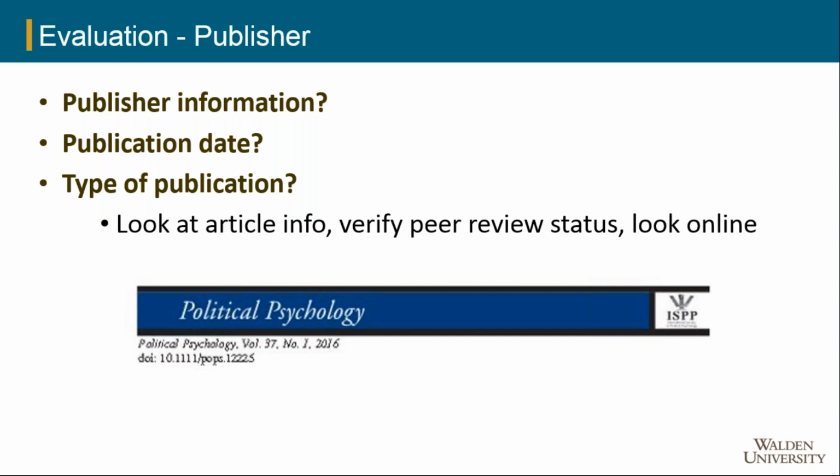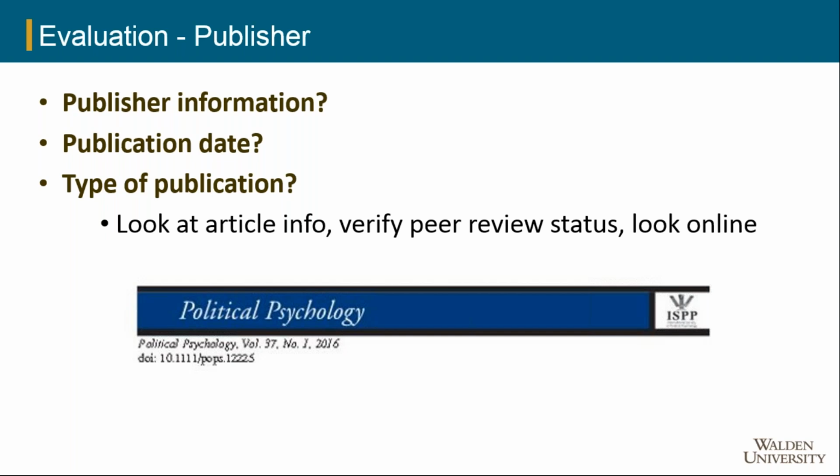That's what we mean by popular sources. They're intended for anyone. They might be a magazine that's sitting in your doctor's office or your dentist's office. And then there are things that are considered scholarly publications. And one subset of scholarly publications are peer-reviewed journals.